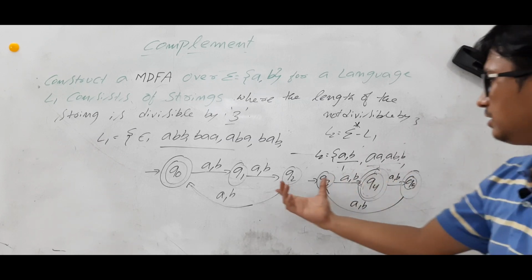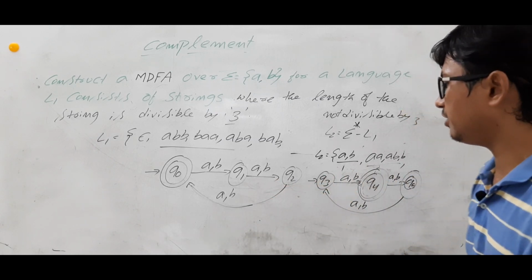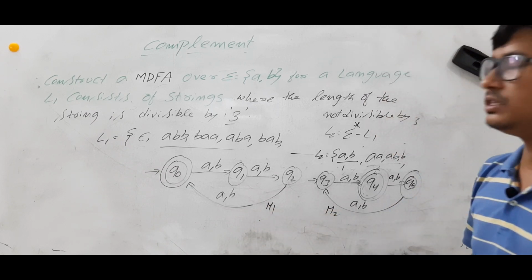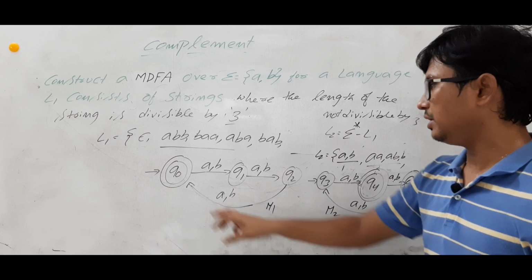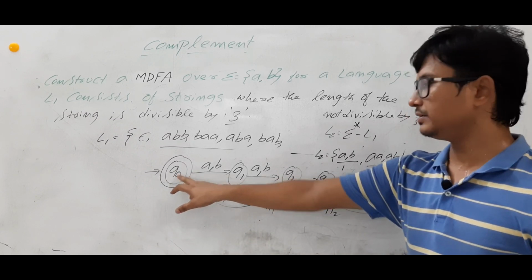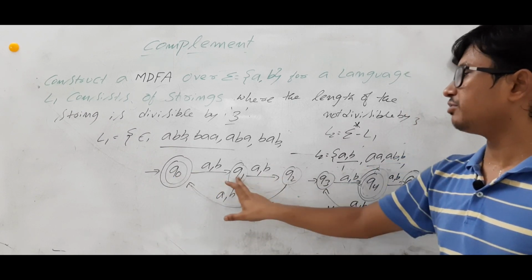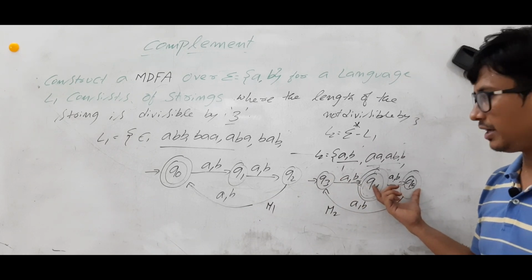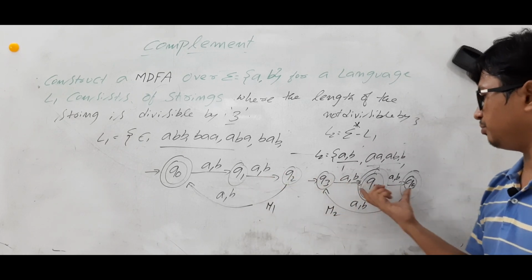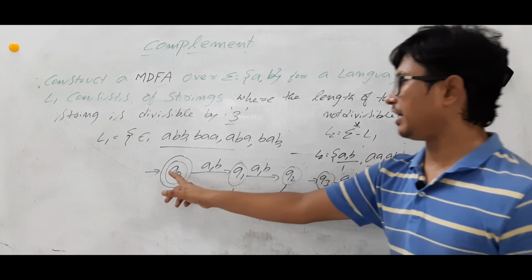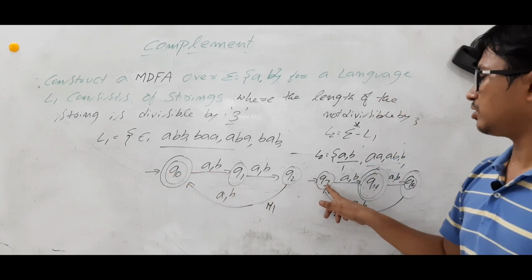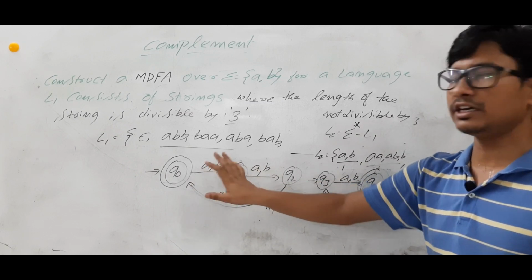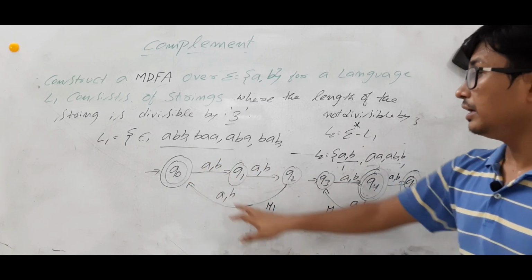If you see the relation between these two DFAs, or I can write them as M1 and M2, the non-final states Q1 and Q2 become final states here. If you make the non-final states final states, and the final state you make a non-final state, and you do not change anything about the direction of the edges.